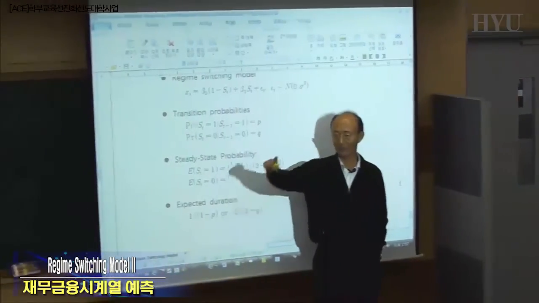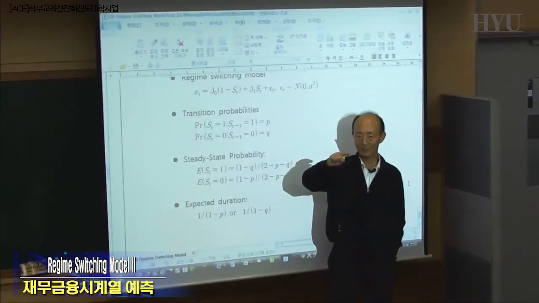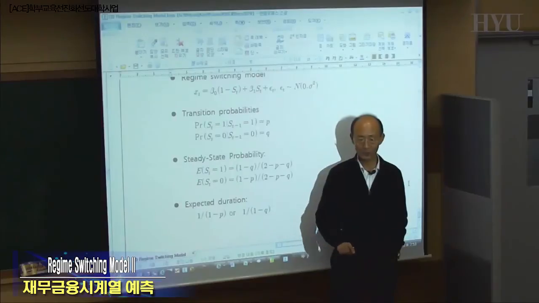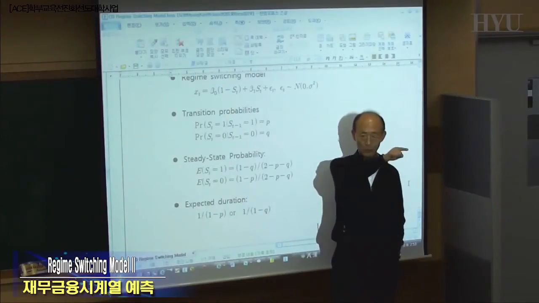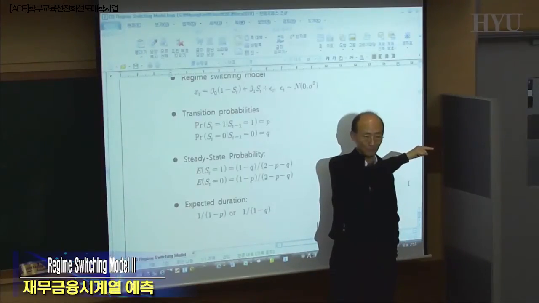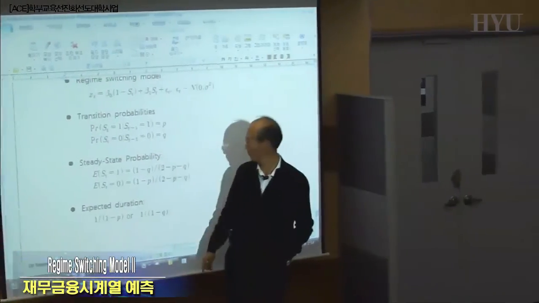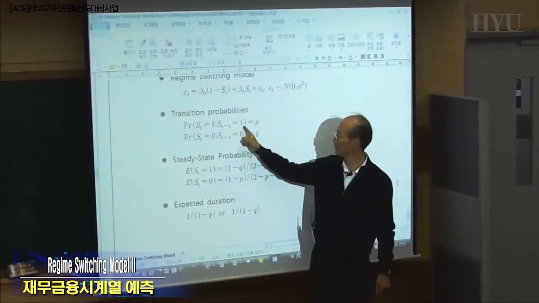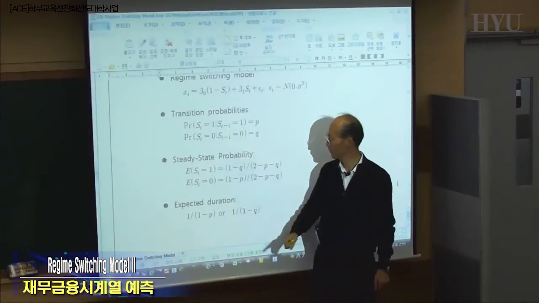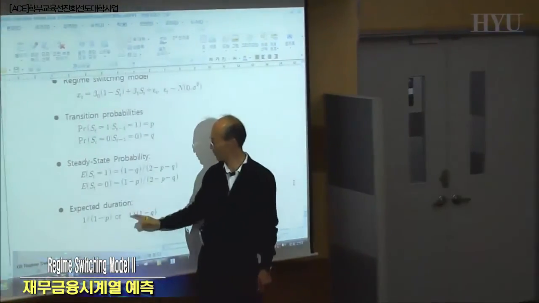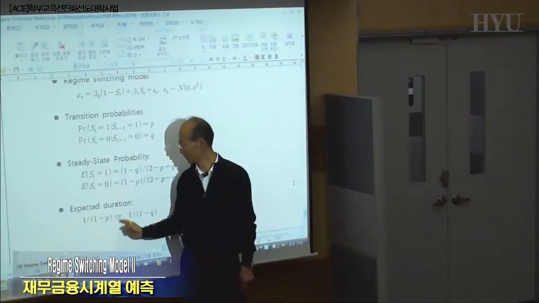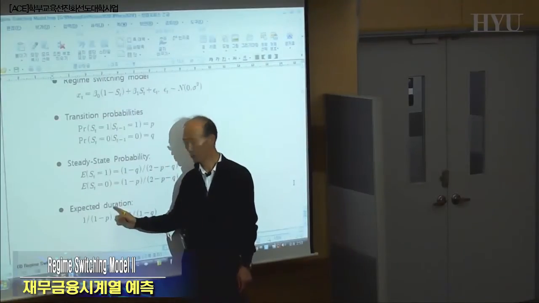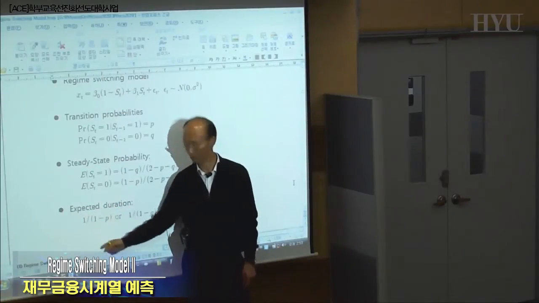It's like it's moving this way and then switch and then stay, and switch and then stay. So that kind of structure. Once you enter either state 1 or 0, you can calculate the expected duration.